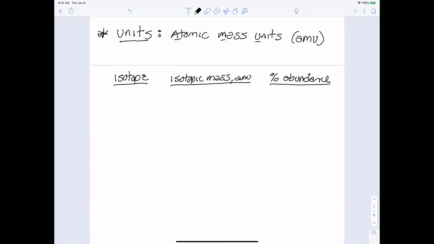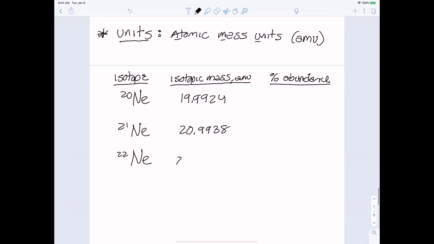So there are 3 naturally occurring isotopes for neon: neon 20, neon 21, and then neon 22. Neon 20 has a mass of 19.9924 atomic mass units. Neon 21 is 20.9938 atomic mass units. And neon 22 is 21.9914.